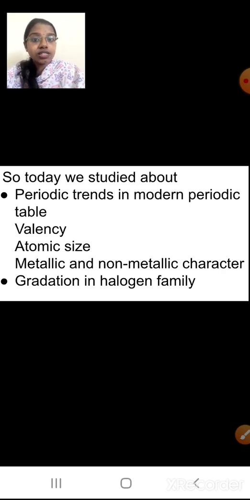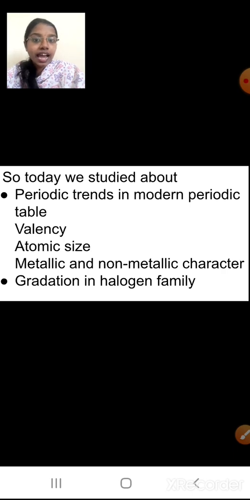Okay, then you saw the metallic and non-metallic character. Metallic character means metals have the tendency to give away electrons, and they form cations. While non-metals have the tendency to accept electrons and become anions. These properties of metals and non-metals comprise the metallic and non-metallic character.